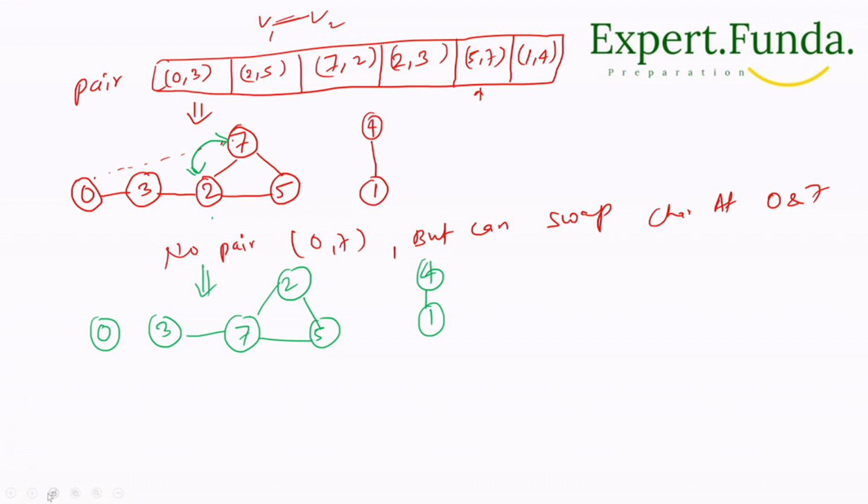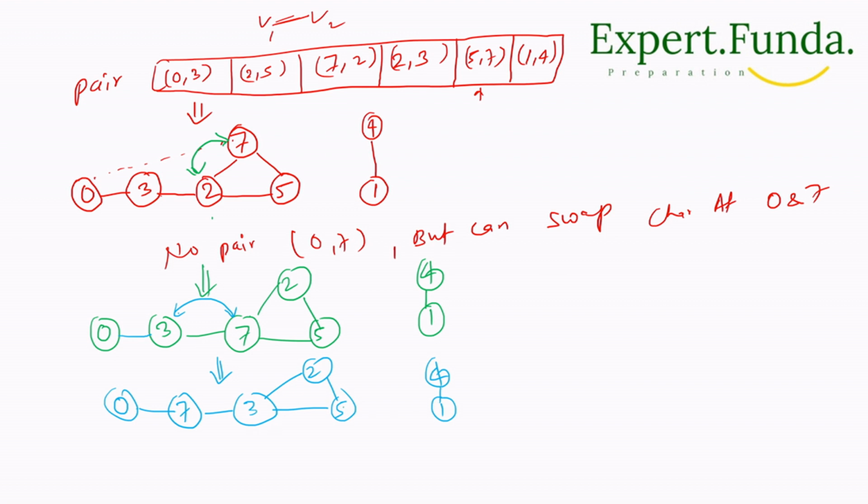Now let me choose another color. Suppose we swap 3 and 7. These are connectors, sorry. So if we swap 3 and 7, it will look like this: 0 connects to 7, this is connected with 3, it is connected with 2, it is connected with 5, and this is 4 and 1, right?